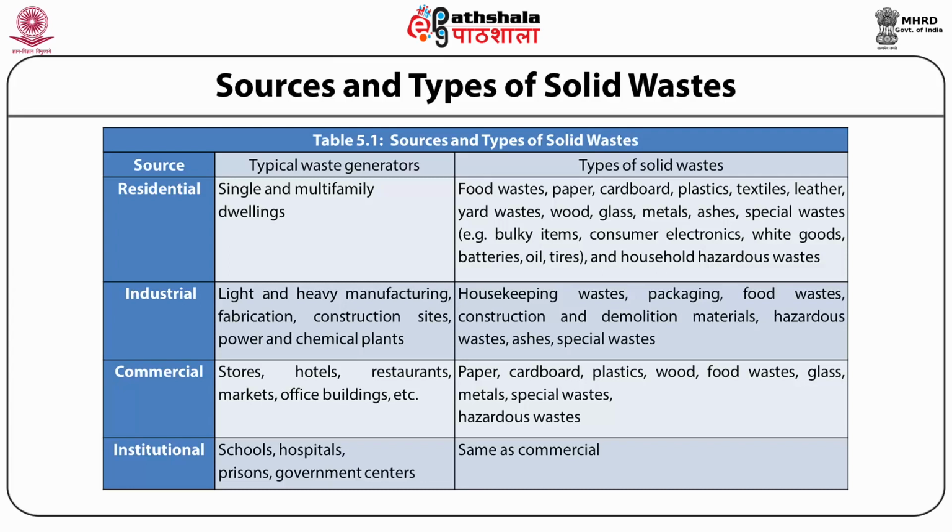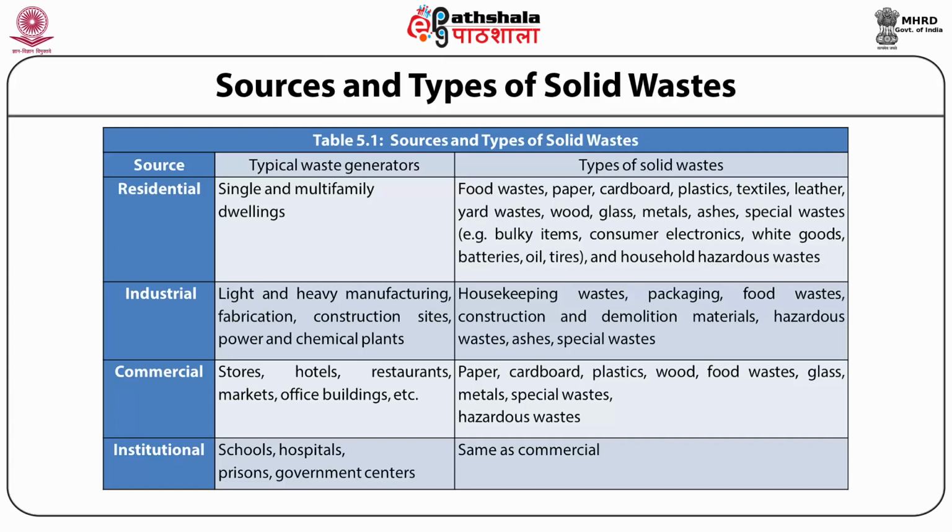Second category of sources is industrial. Now, light and heavy manufacturing, fabrication, construction sites, power and chemical plants are the waste generators. And the typical solid wastes are housekeeping waste, packaging, food waste, construction and demolition material, hazardous waste, ashes and special waste.